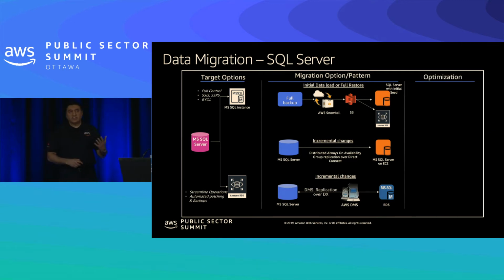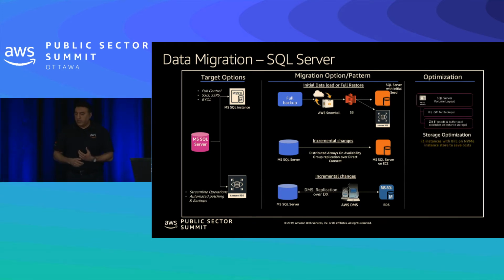From an optimization standpoint, how do you optimize SQL to run on AWS? SQL requires a lot of memory footprint. And what we have done is we have these drives on our new Nitro hypervisor. We have non-volatile memory express instance store drives or volumes. These are actually drives on the rack.